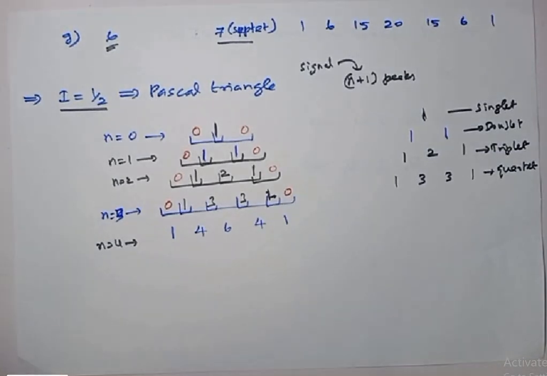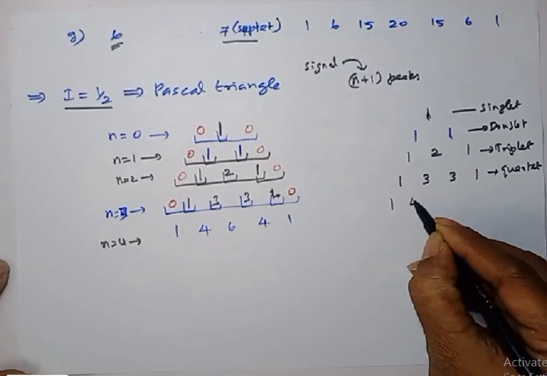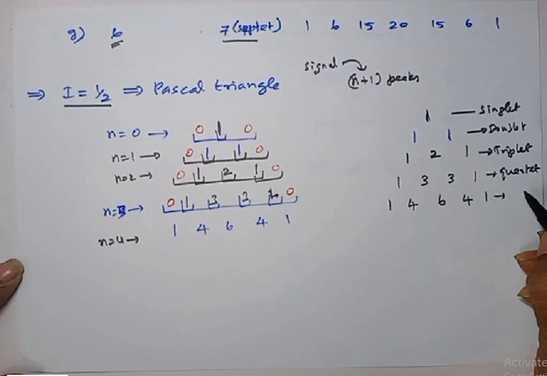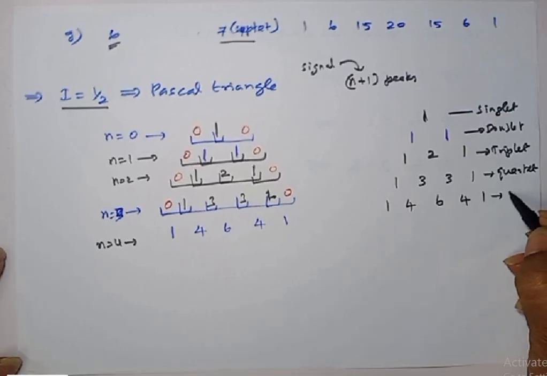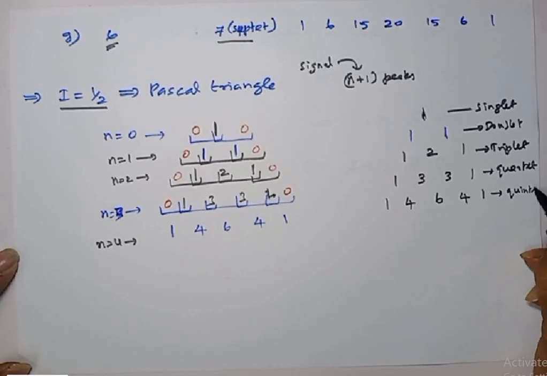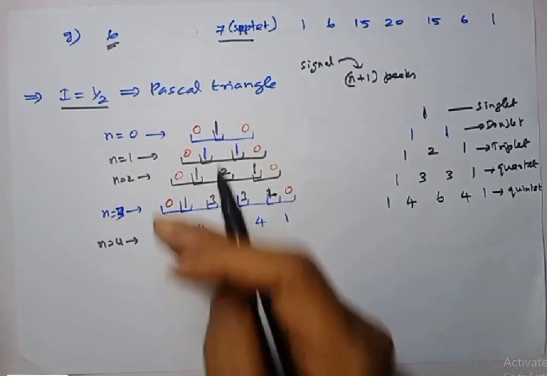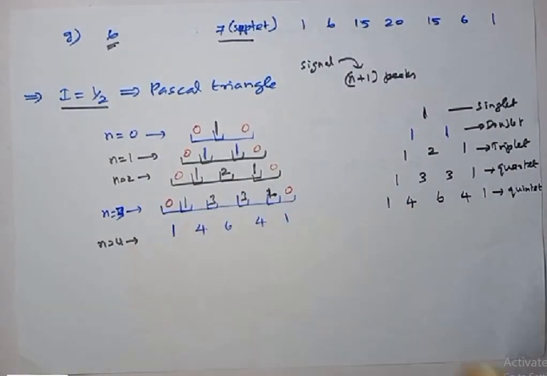So we get the intensity ratio as 1:4:6:4:1. This is for a quintet. Like that, we can find the intensity ratio of any peaks in this manner.